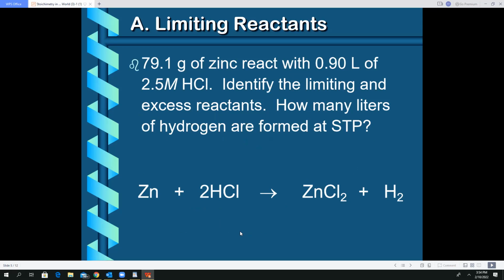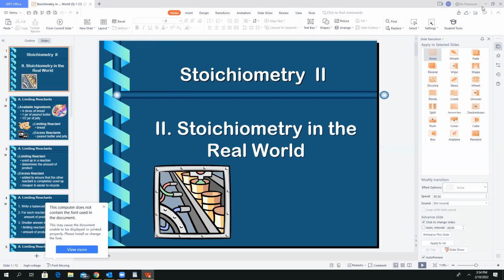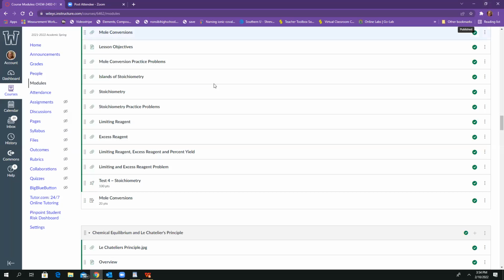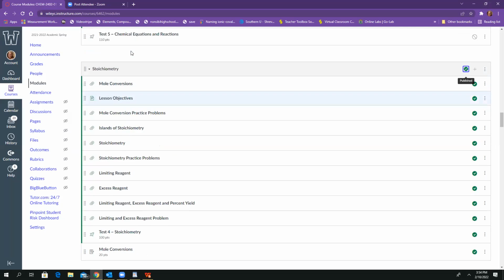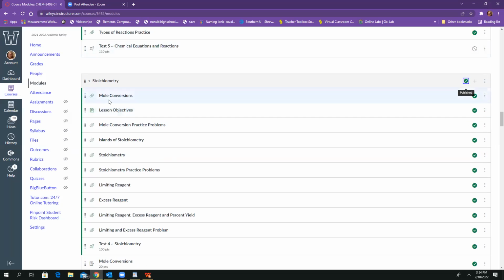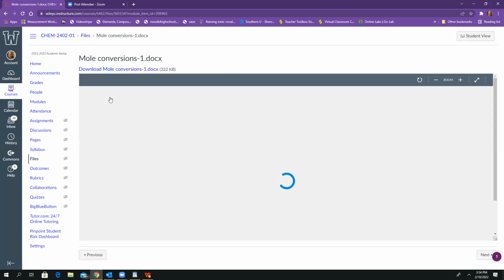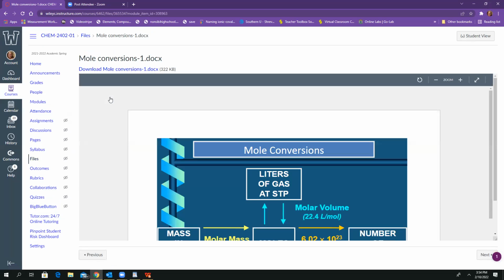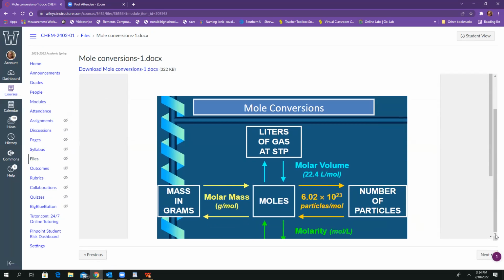All right, something I didn't show you yet, and I need to show you. Well, I think I showed you last time, but this right here is a very good diagram that you need to remember, because this diagram will serve you for all your conversions.